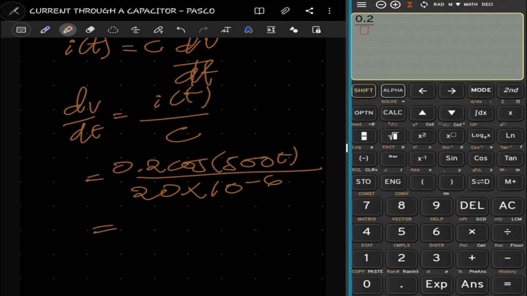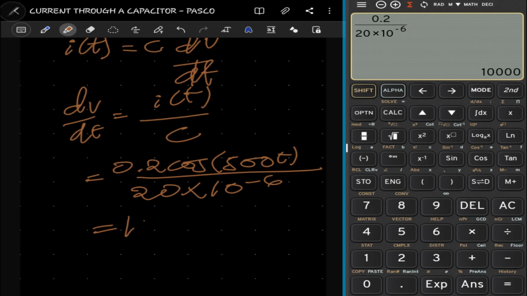0.2 on 20 times 10 to the power minus 6, so that gives us 10,000, which is basically 10 to the power 4, cos 500t, right?